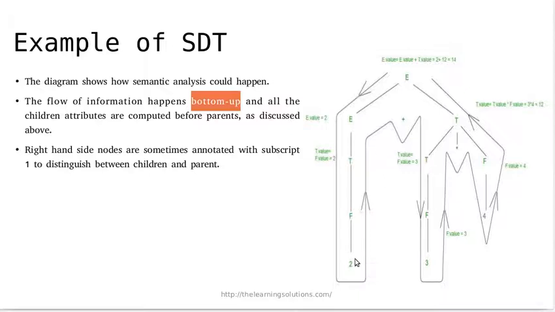Here we are coming at the digit value, that is 2, or lexical value that is 2.